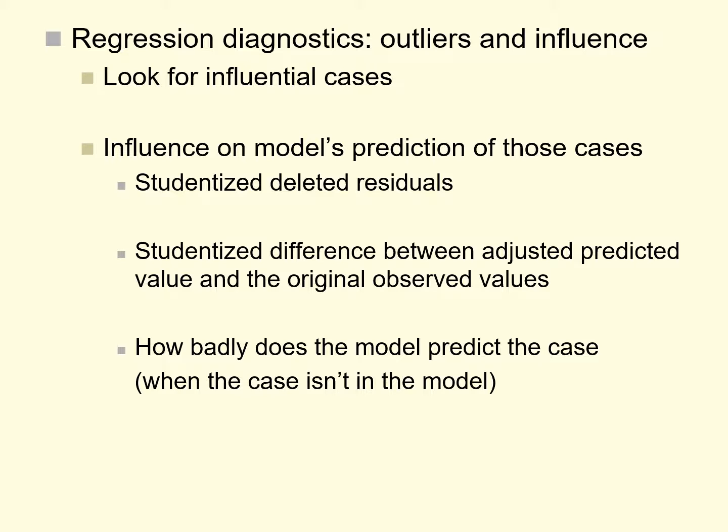If a particular case, whether it's in or out, the model predicts about as well either way, then that case isn't particularly influential. If there's a huge shift where the model predicts a case really poorly when it's not in the model and better when it is in the model, that means that case has some influence, at least with respect to the model's prediction of it.